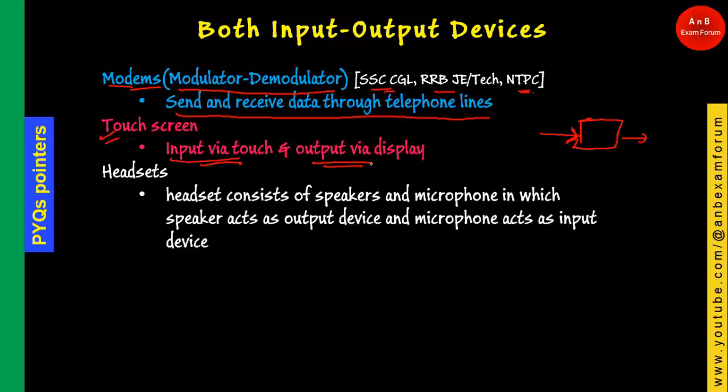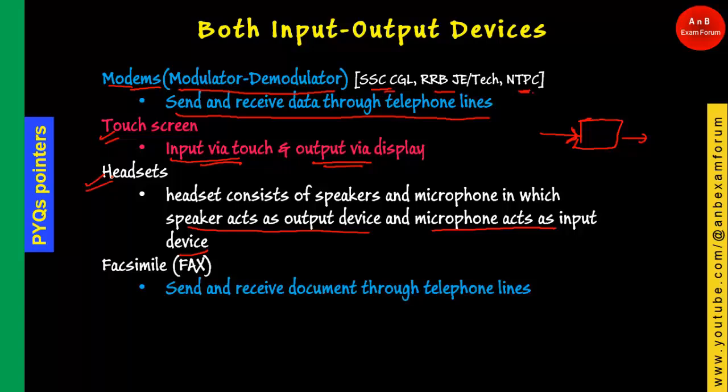The next one is a headset. As you know, headset has both a speaker and a microphone. Speaker acts as an output device, whereas microphone acts as the input device. So headsets are both input and output devices. And the next one is a fax. The full form is facsimile. Fax, as you know, is used to send or receive documents through telephone line.